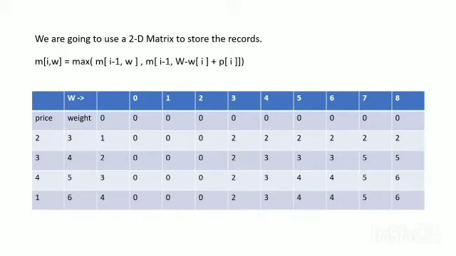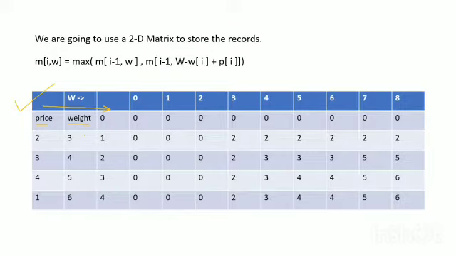We are going to use a 2D matrix to store this record. What record am I talking about? Just see, let's have a look. This side we have the knapsack capacity, that is 0 up to 8. This side we have the weight, and this side we have the price. We have sorted this price and weight list in the ascending order of the weight.